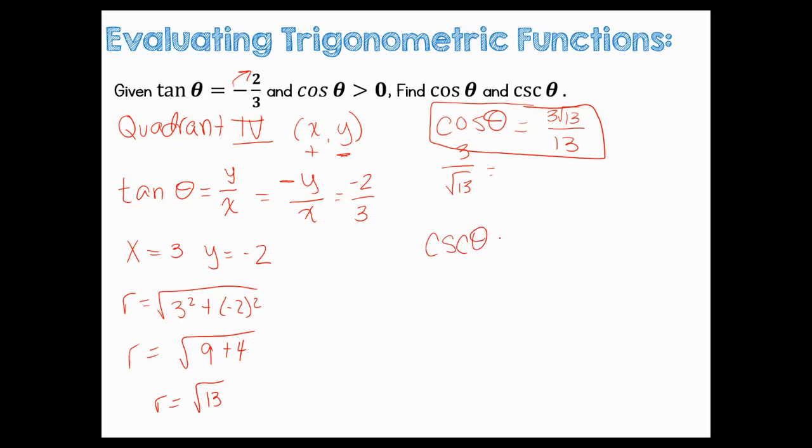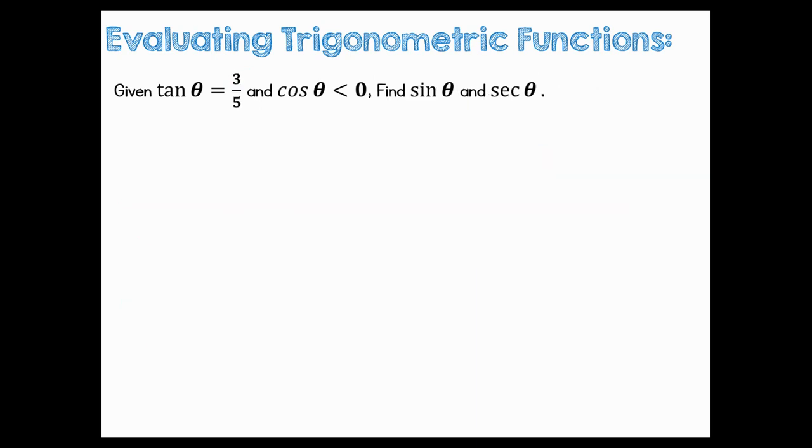You could use your reciprocal identity if you'd like, but we also know that cosecant is r over y. R over y gives us the square root of 13 over, and it's really important here, negative 2. It's important to keep the sign, and it matches up with the quadrant that you want. Cosecant is negative in the fourth quadrant. It is secant that's positive.